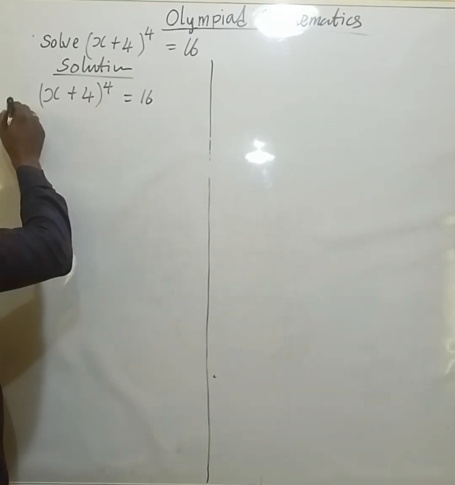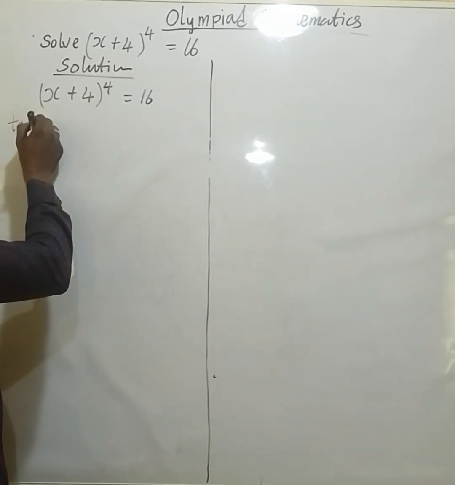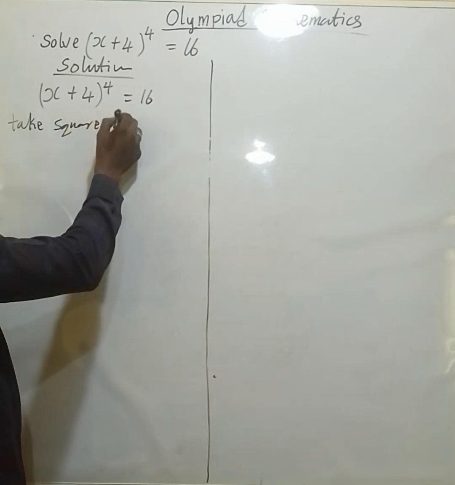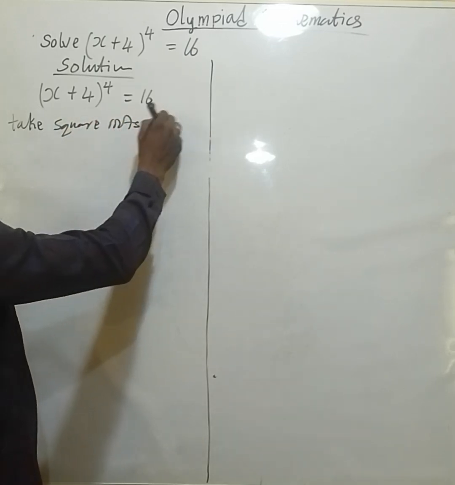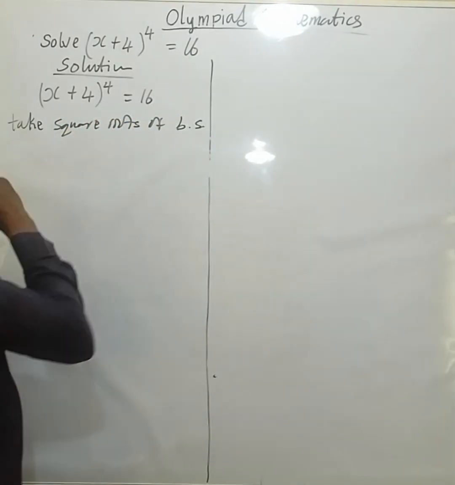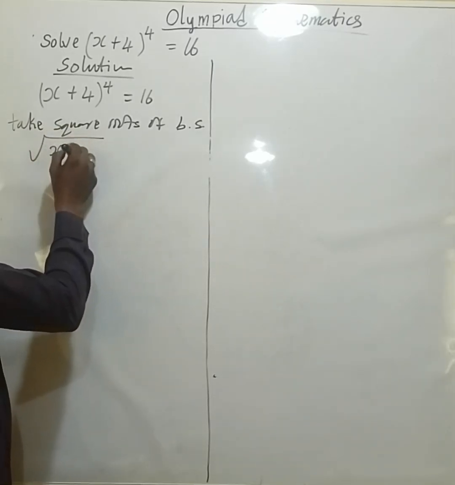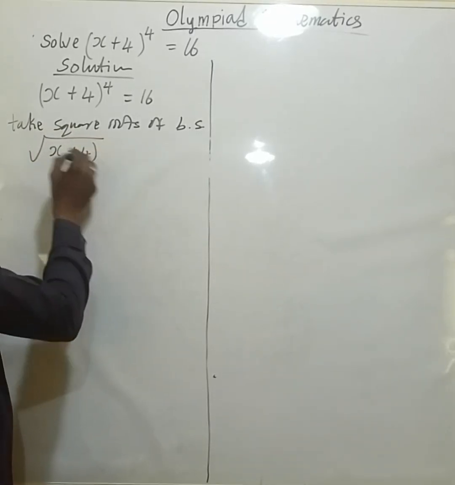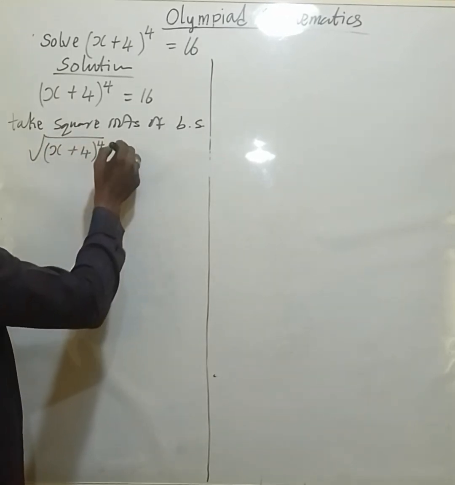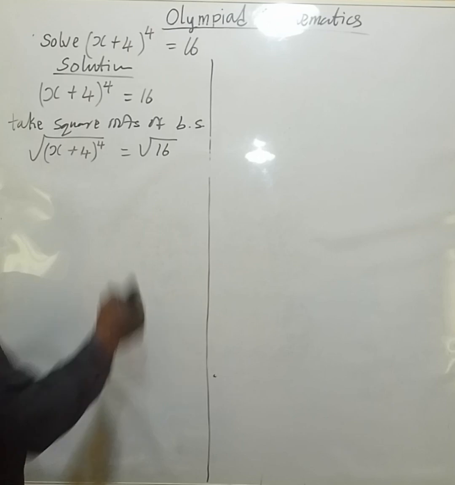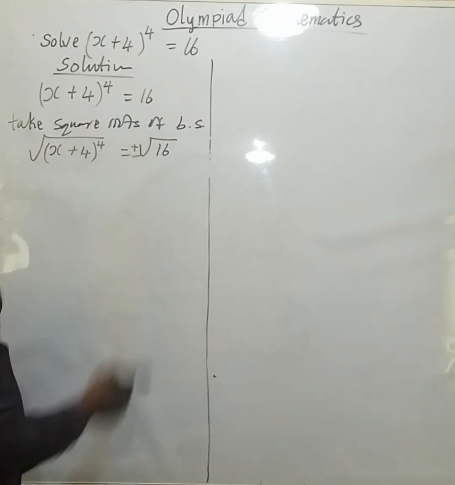The first thing we are going to do is to take the square root of both sides. So it will now give us the square root of (x + 4)^4 equals the square root of 16, so it will have a plus or minus.